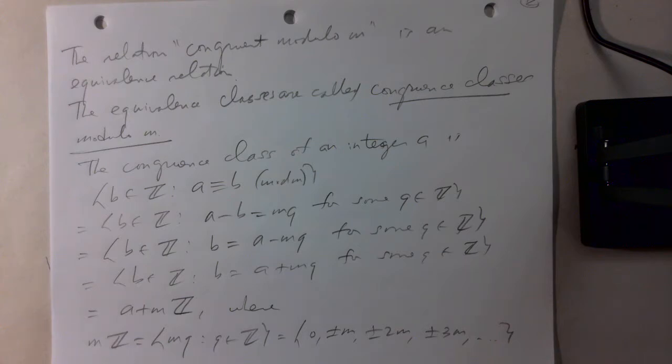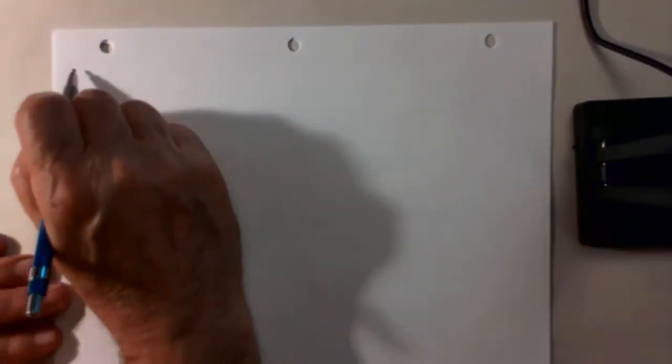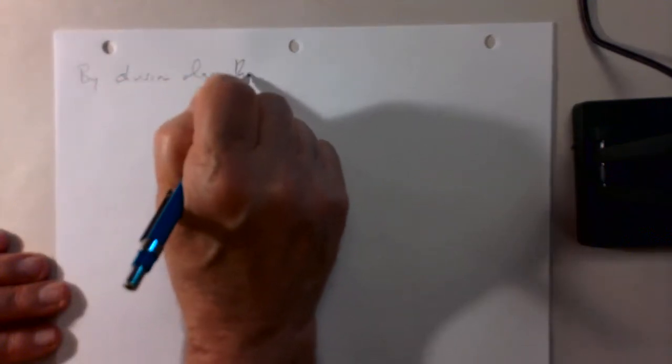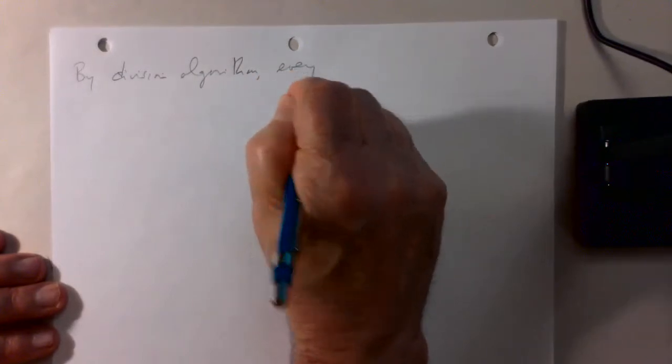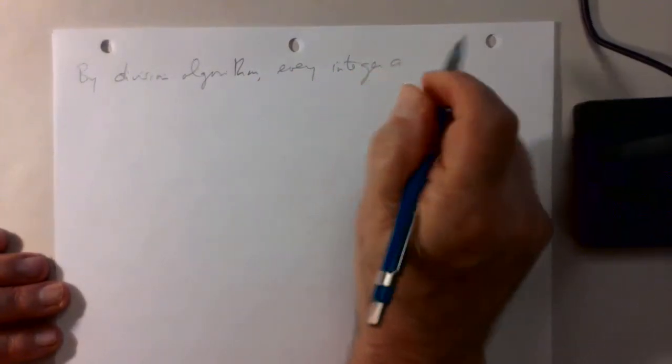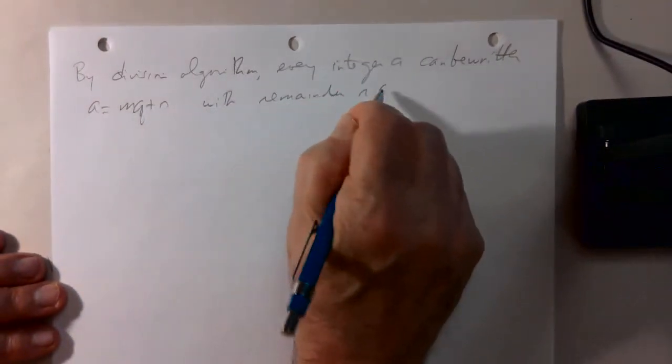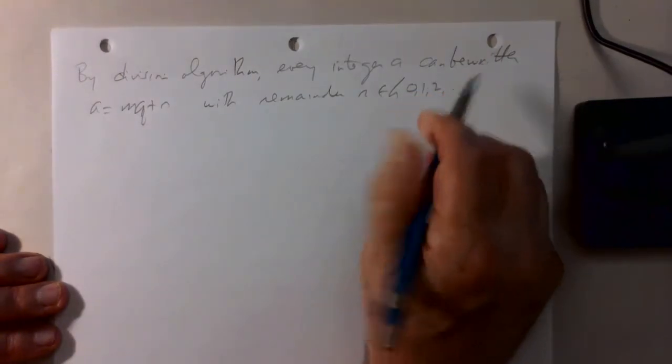How many congruence classes are there? What are the different congruence classes? Well, by the division algorithm, every integer A can be written A equals MQ plus R, with the remainder R, which is an integer between 0 and M minus 1.